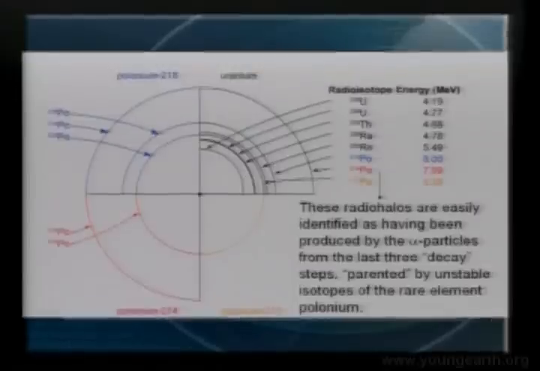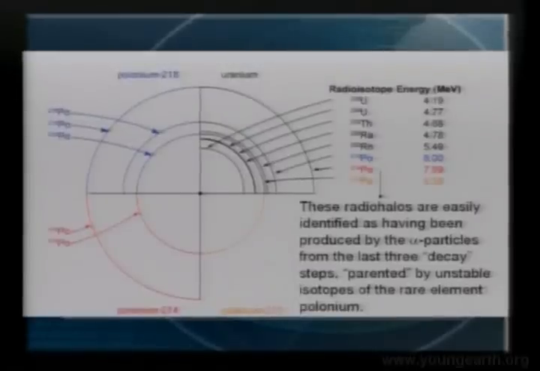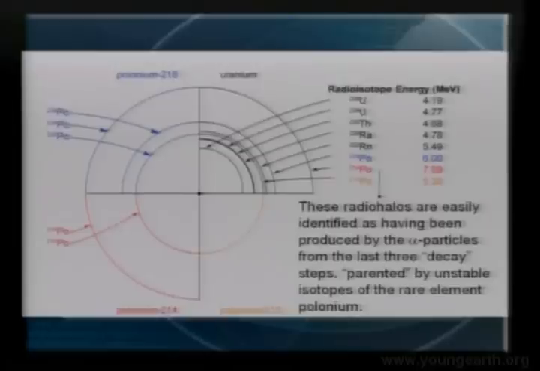The top right-hand corner, we see a cut-down version of the earlier diagram with the 8 rings of a uranium radiohalo. Okay, and again the same list of parents and the energies. Look at the rings where we have the 1 ring, the 2 ring and the 3 rings.